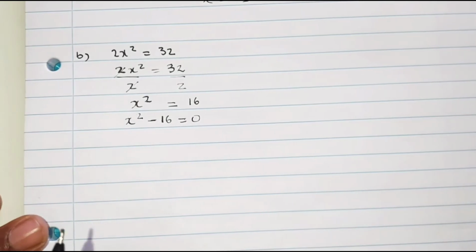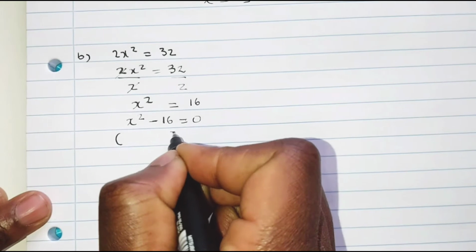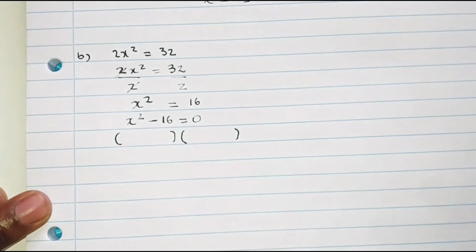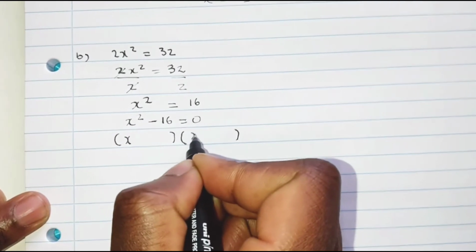So when we get to this point, we're going to factorize the difference of two squares. It means we're going to have 2 brackets, so it's going to be open bracket x and x, right?